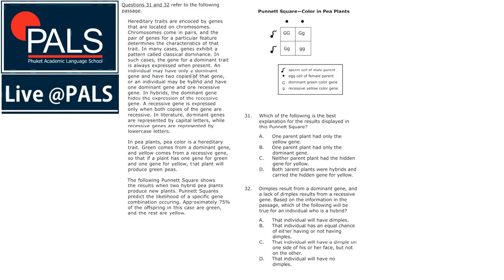An individual may have only a dominant gene and have 2 copies of that gene, or an individual may be a hybrid and have 1 dominant gene and 1 recessive gene. In hybrids, the dominant gene hides the expression of the recessive gene. A recessive gene is expressed only when both copies of the gene are recessive. In literature, dominant genes are represented by capital letters, while recessive genes are represented by lowercase letters.